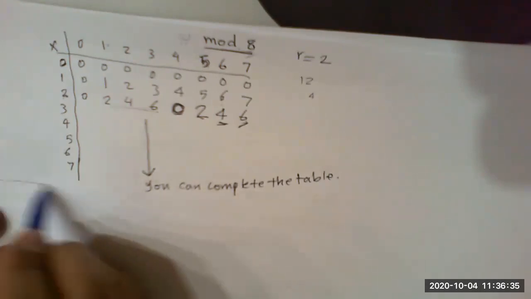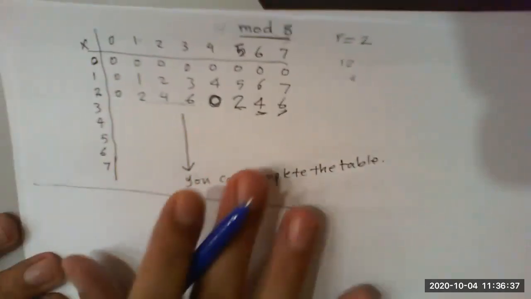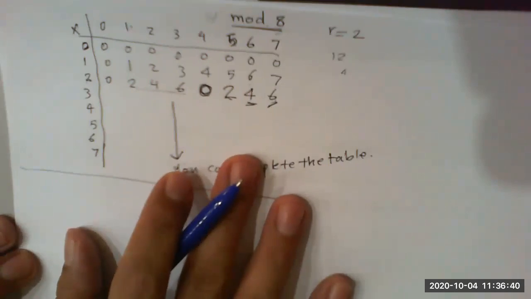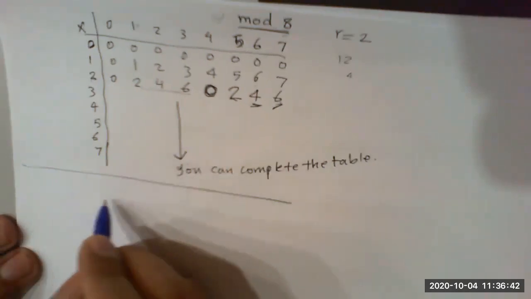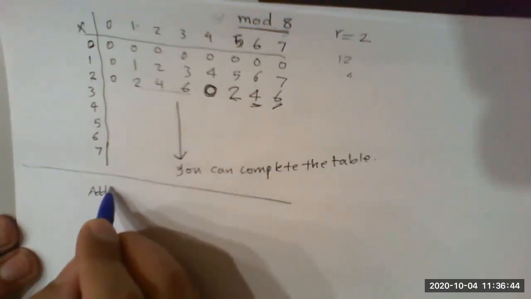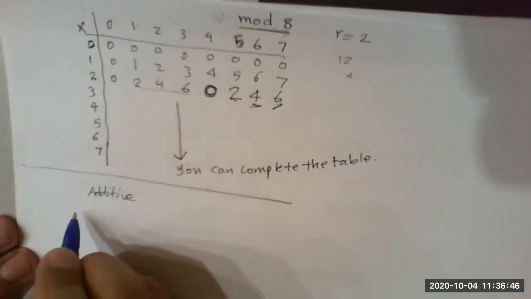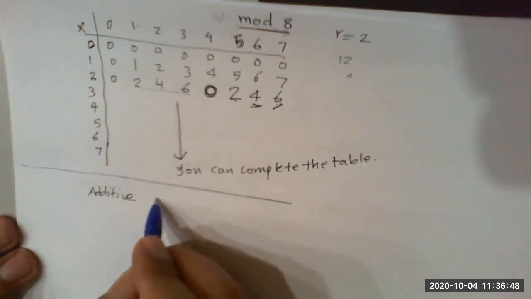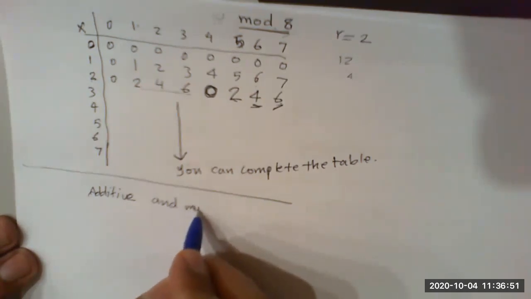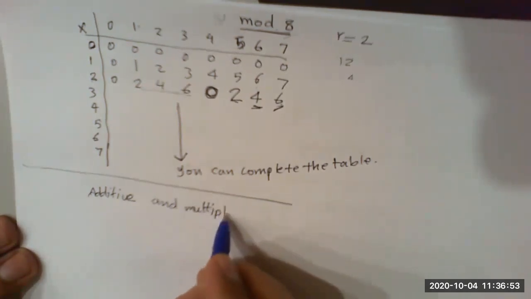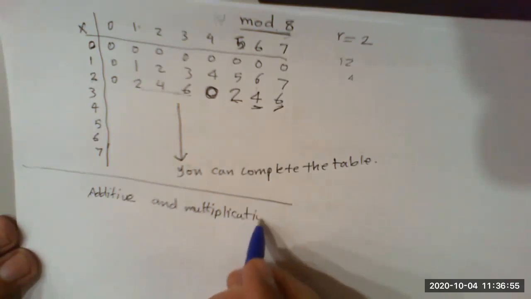There is something very important in modulus arithmetic and in cryptography, which is the additive and multiplicative inverse. We are going to use it extensively throughout the course.